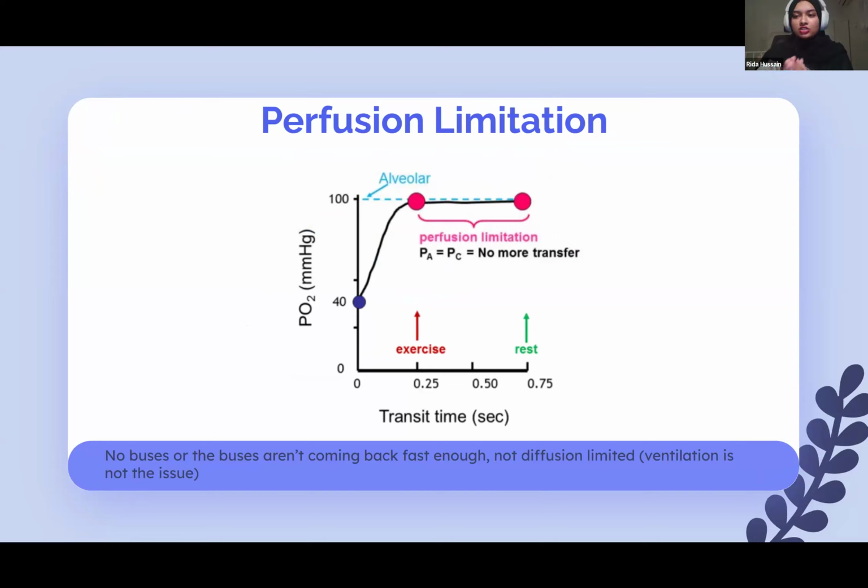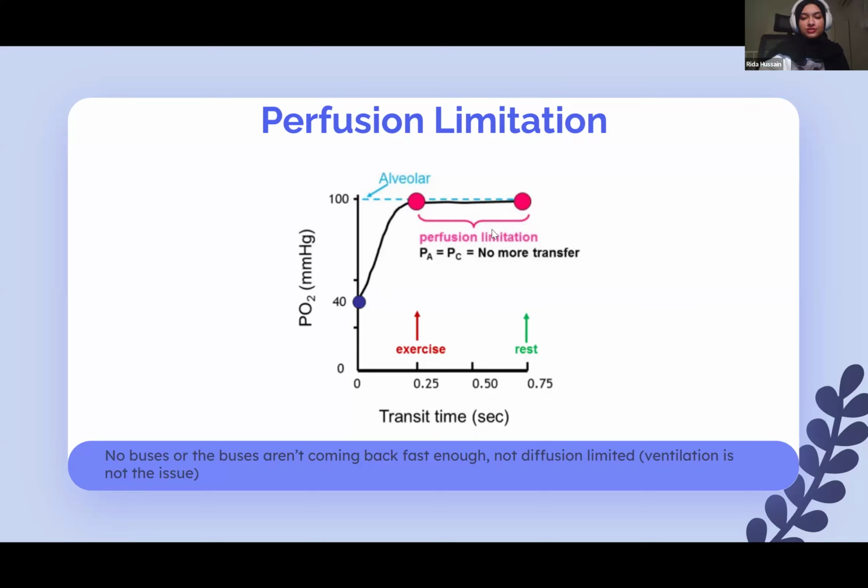So using the same analogy, the buses are just not fast enough, but the passengers, the oxygen molecules, are way too many, okay? But this is still a normal graph for normal alveolar ventilation, right? But over here, this is called perfusion limitation.